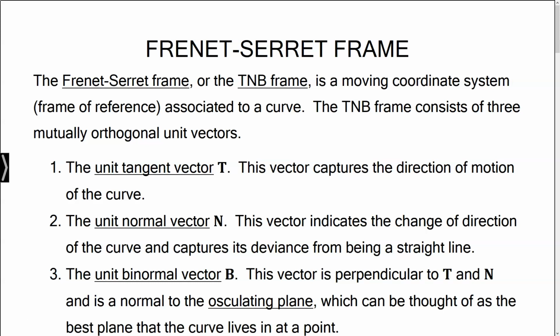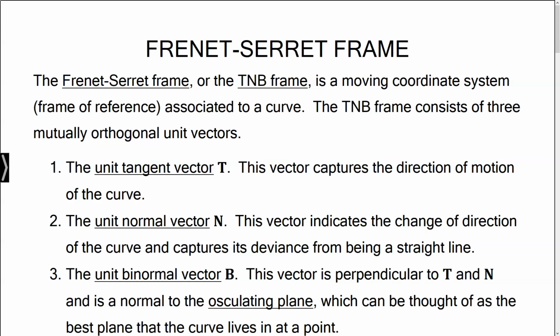It's very analogous to the IJK coordinate system in ordinary 3-space, which is what we call an orthonormal basis. I, J, and K all have length 1, and they're all mutually perpendicular to each other. It's the same idea here, except that instead of being a static frame where they're the same three vectors throughout all time, this frame changes along the curve as you move.